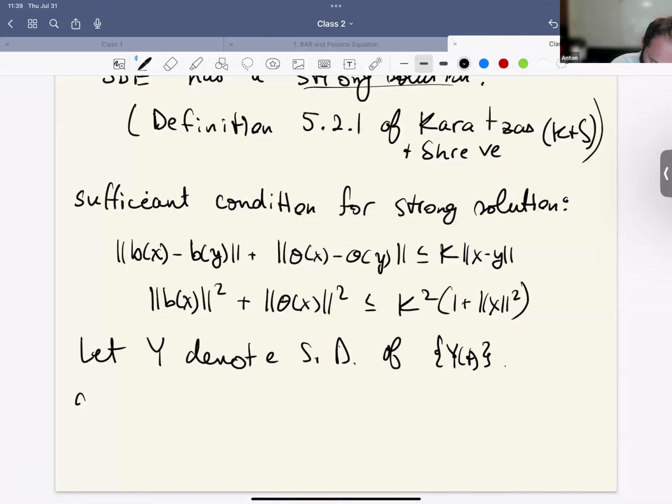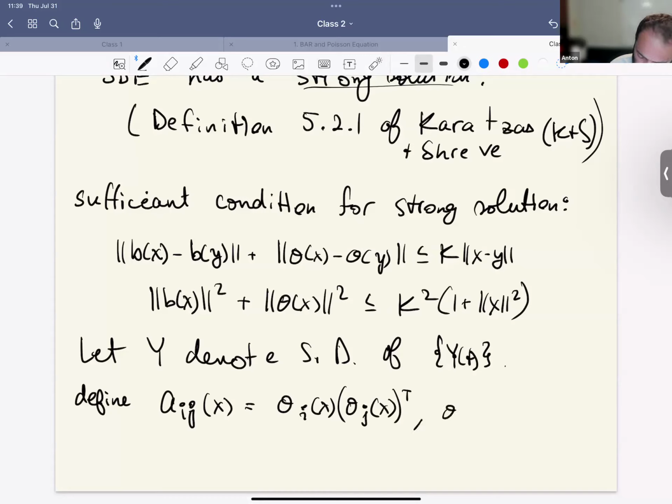For convenience, a_ij is sigma_i sigma_j transpose, where sigma_i is the ith row of the entire dispersion matrix.